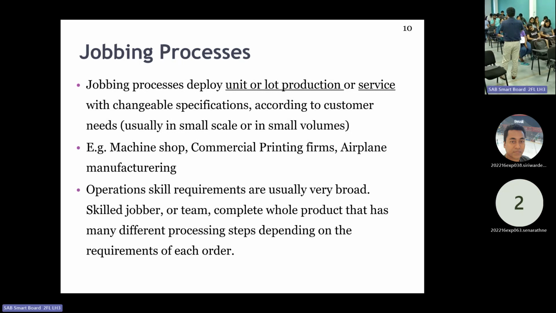They complete those 5 aircrafts together as a small batch and move to the other order that may be 8 aircrafts of another model that they produce as a small batch. Right? Each order is customized, but volume very low.